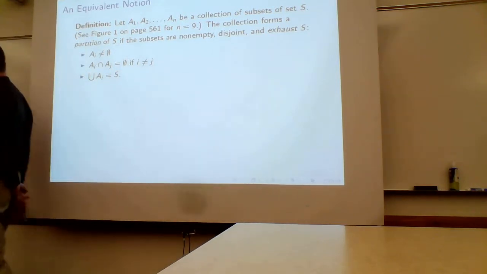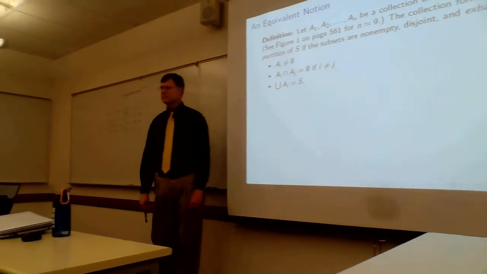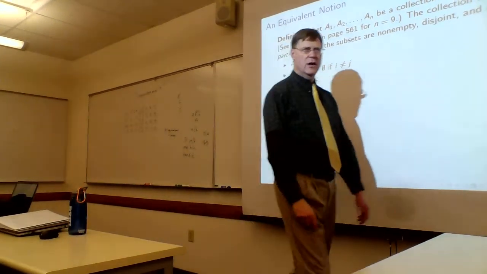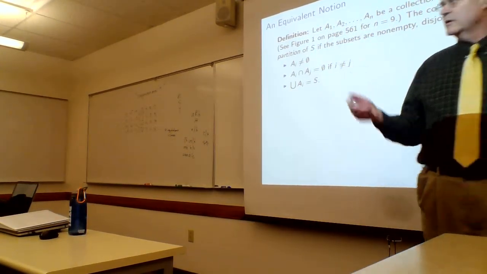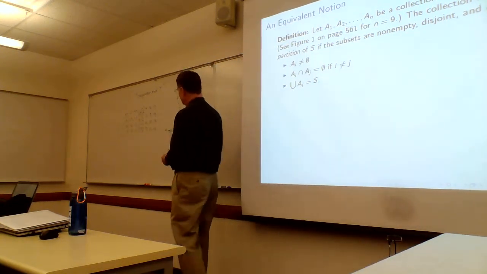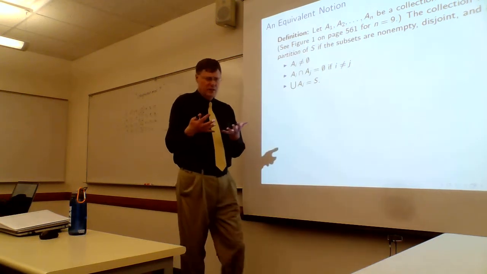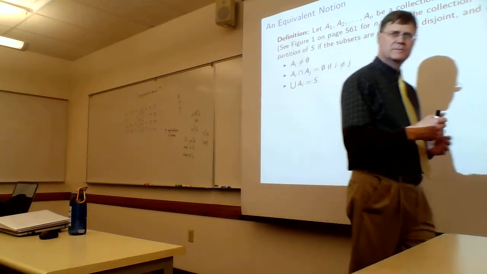Do these sets form a partition of the integers? They're non-empty. They each have an infinite number of integers in them. They are disjoint. There are no elements in common with any of those sets, and union them all together and you get all of the integers.